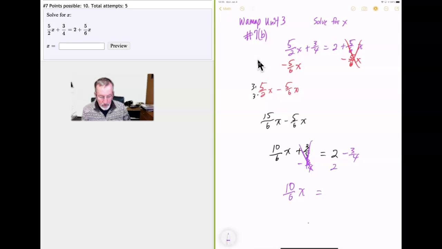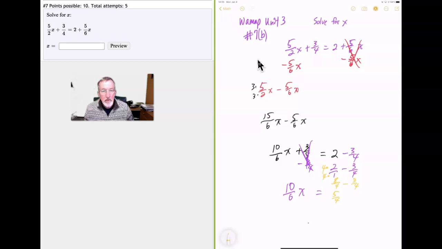So 2 can be written as 2 over 1 minus 3/4, and we still need to have the denominators the same. So we're going to convert by multiplying the top and the bottom by 4. And so we're going to get 8/4 minus 3/4, and that's going to be equal to 5/4, right? And that's 10/6 x is equal to that.